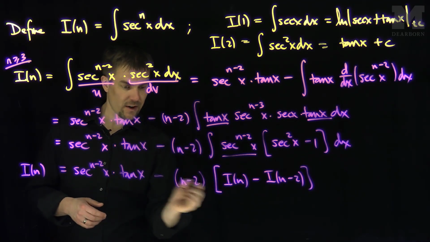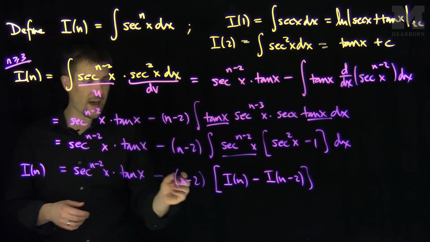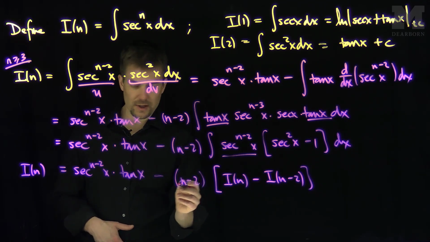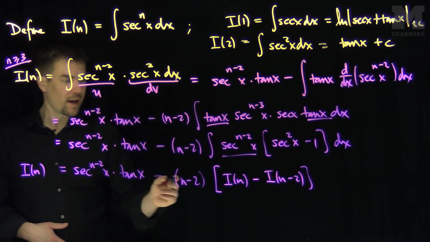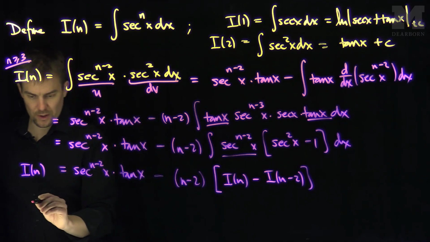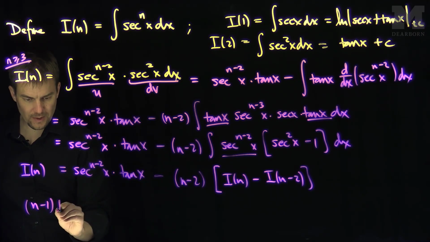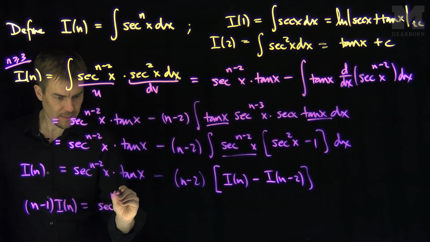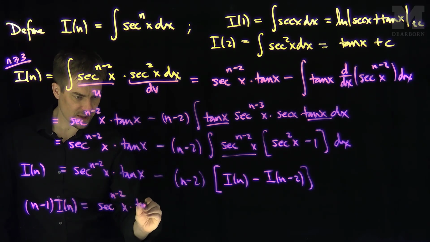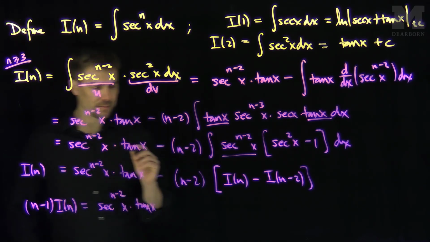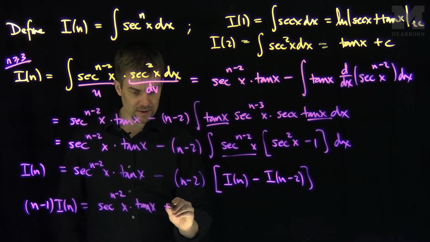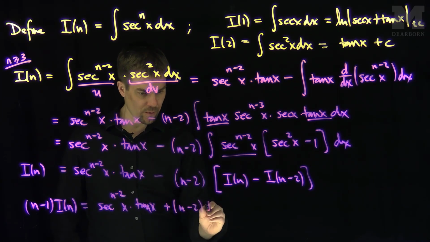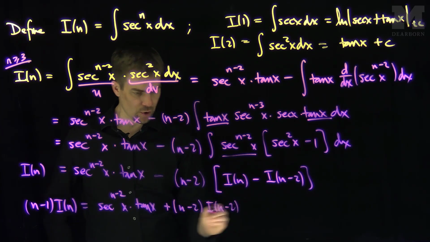I can take this negative n minus 2 times I_n and throw it on the other side of the equation. So I'm going to add n minus 2 I_n to both sides. So I have a 1, and then n minus 2, that's n minus 1. So it's going to be n minus 1 times I_n equal to secant to the n minus 2 x times tangent of x, plus n minus 2 times I_{n-2}.